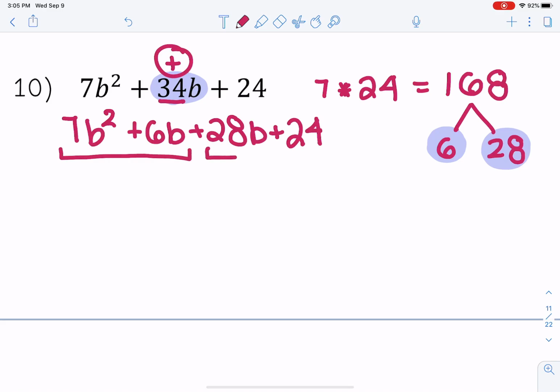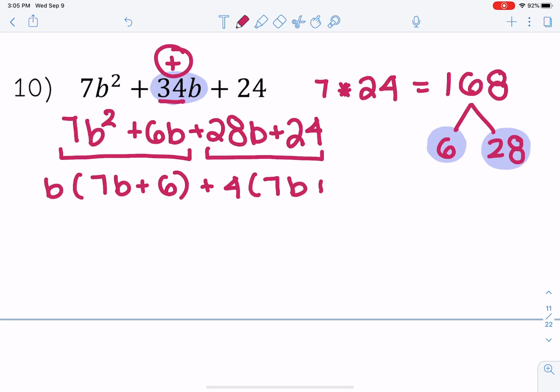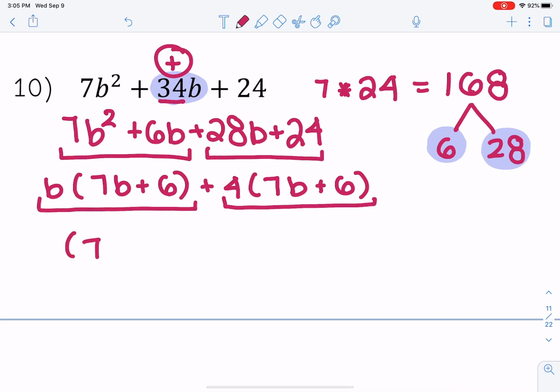Now regroup twice. Take out the GCF, which is b for these first two, and which looks like a 4 for the second two. You know you've done it right when the things in parentheses are the same, because now when I take out the GCF, I just take out the parentheses for each of them.